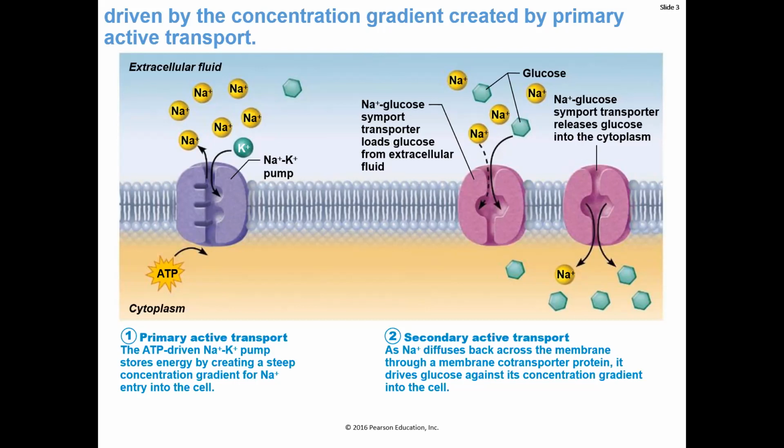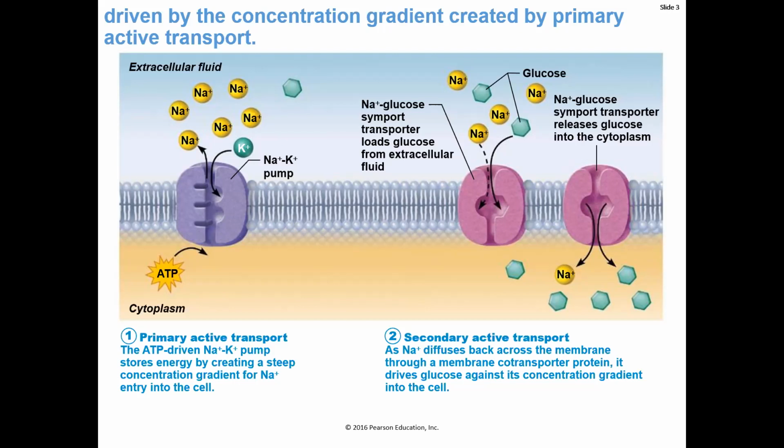See now, glucose is a large molecule. It's too big to diffuse across the membrane on its own. But if we have a specialized structure that will carry it over, like this symport, a protein embedded in the membrane, and it's huge, relatively speaking. It's bigger than the glucose molecule. When the symport is open, glucose can land on it, and then the symport will close to the outside and open to the inside, and glucose can come in.